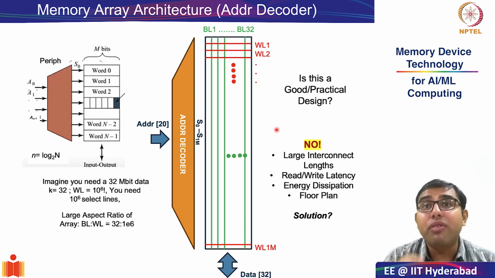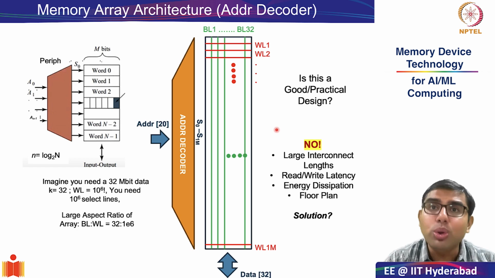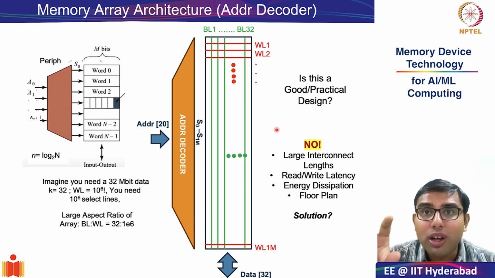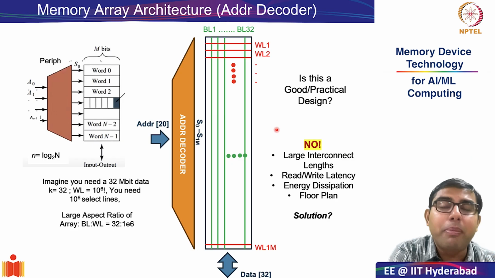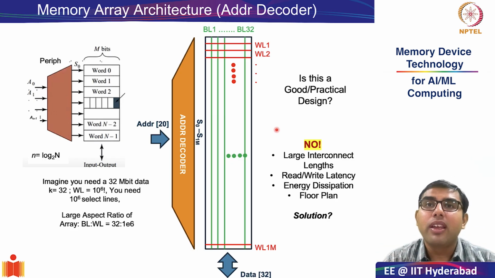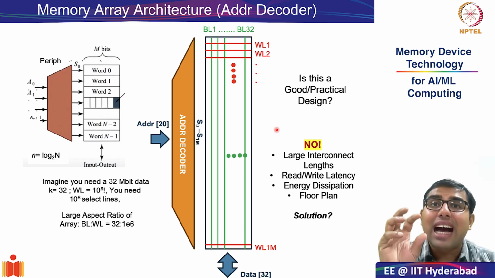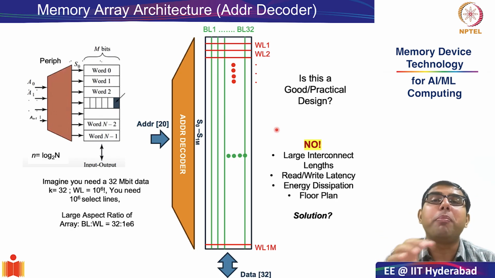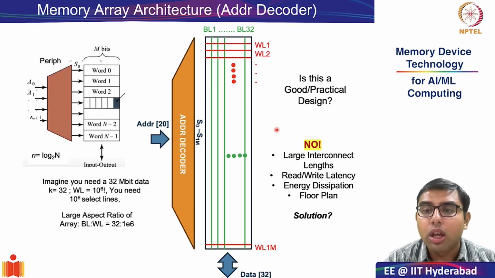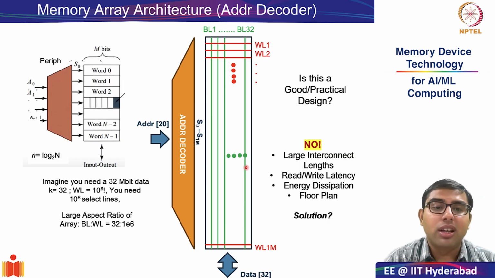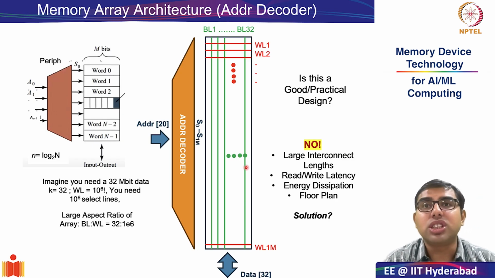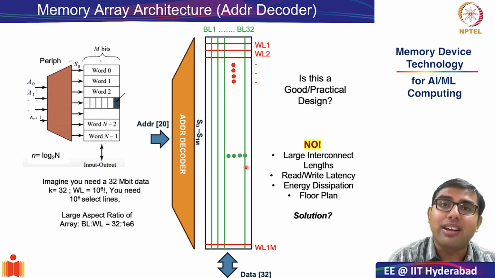Just like whenever we construct or buy a house, we see the floor plan, which part belongs to the kitchen, the bedroom and the hall, similarly we have a floor plan for VLSI design, which allots different areas to different parts of the circuit. As you can understand, the floor plan for this kind of elongated, large aspect ratio structure will be very difficult to manage. Therefore, we say that this is not a very good or practical design.